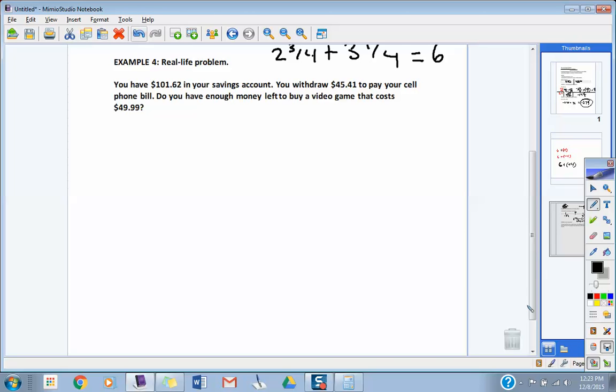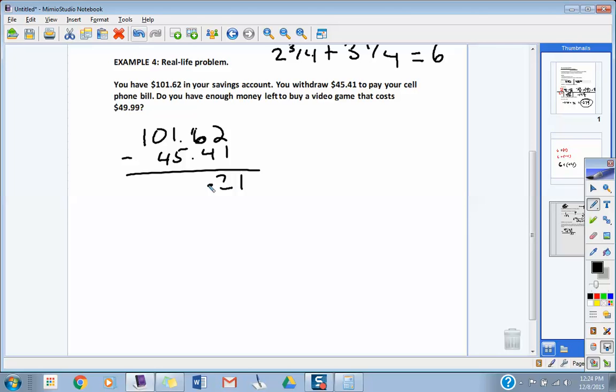Subtract 100 from 45. Okay, so back that up again. Subtract, I don't see 100 up here. 101.62. So you're going to take 101.62 minus 45.41. And I don't think I'm going to change this to addition of the opposite because I think we get what's going on here. So you guys help me with this. We're just going to subtract this here. 2 minus 1, kiddos. 6 minus the 4. Bring the decimal down.